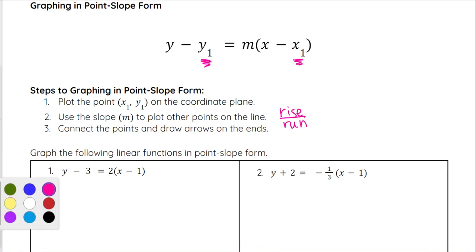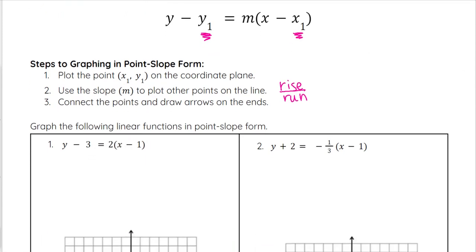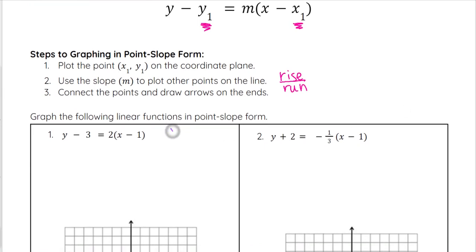So let's take a look at this first example. y minus 3 equals 2 times x minus 1. So let's start with our x1, our y1, and our m. Let's write those out. I'm going to write the formula underneath it.